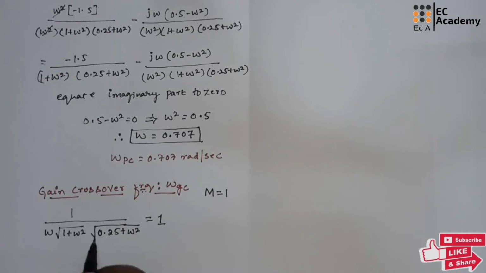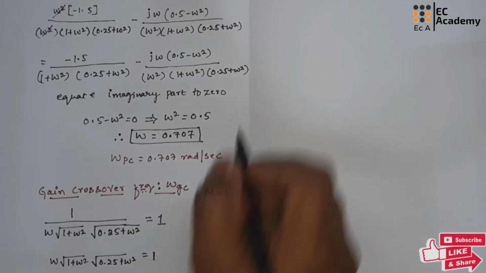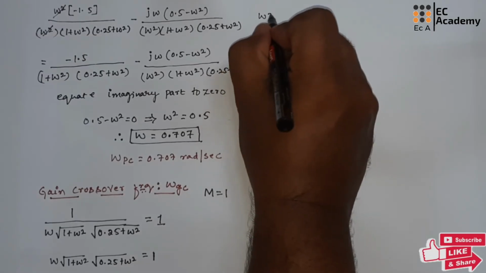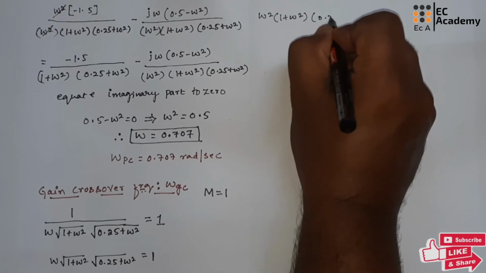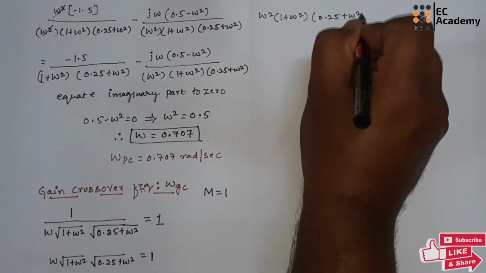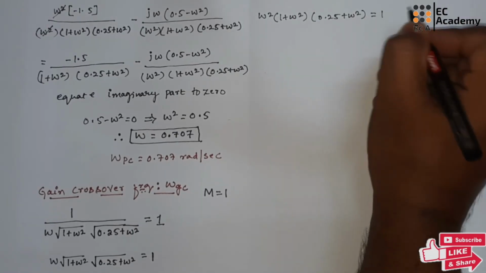If we take the inverse of this value, we will get omega into square root of 1 plus omega square into square root of 0.25 plus omega square is equal to the inverse of 1, which is 1. If we square both sides, we will get omega square into 1 plus omega square into 0.25 plus omega square equal to 1.